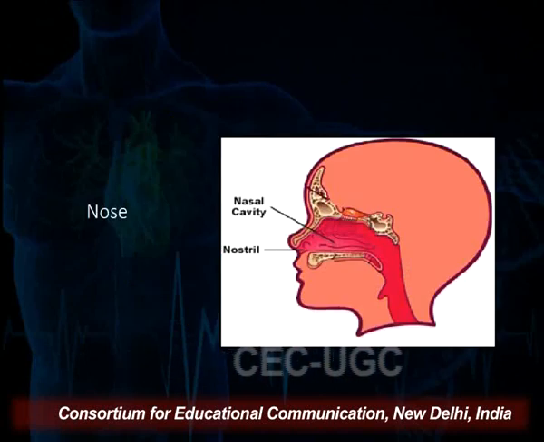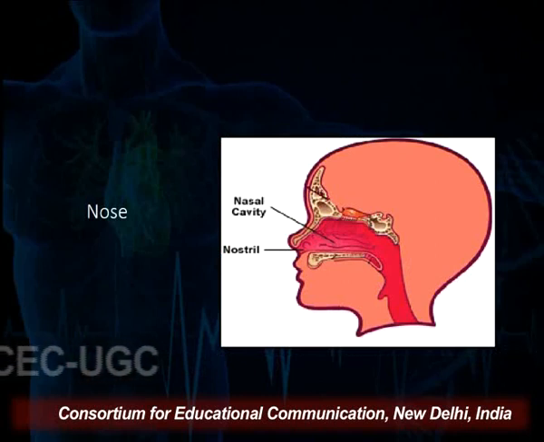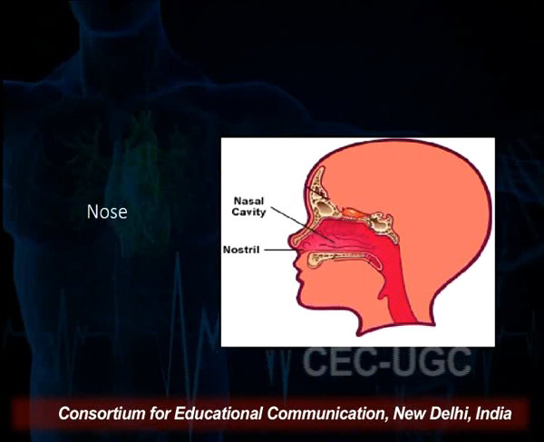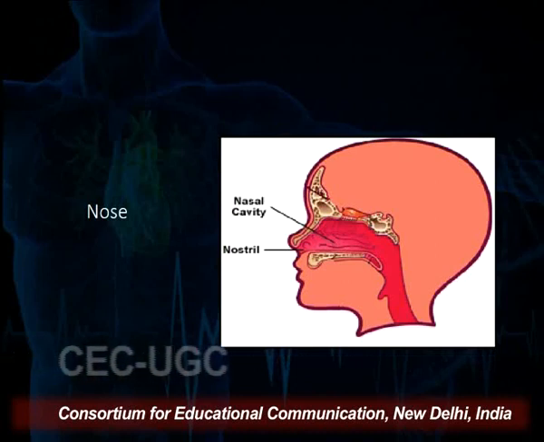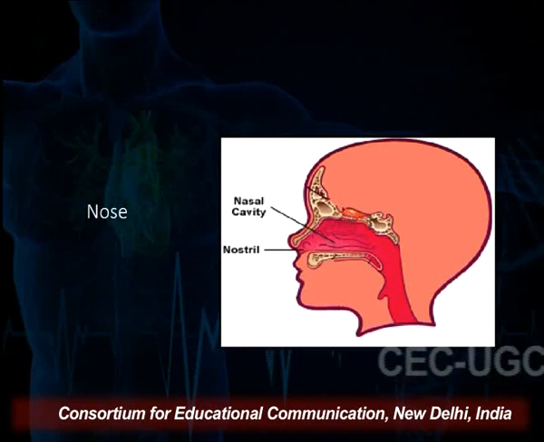Let's start with the nose. Here we can see the nasal cavity and nostrils. From the nostrils we inhale the air and it goes through the nasal cavity to the pharynx. Humans have exterior nostrils which are divided by a framework of cartilaginous structure called the septum.